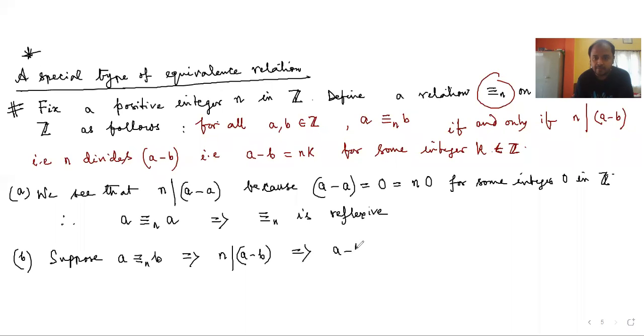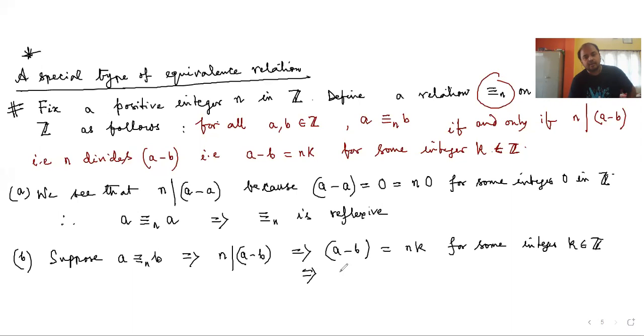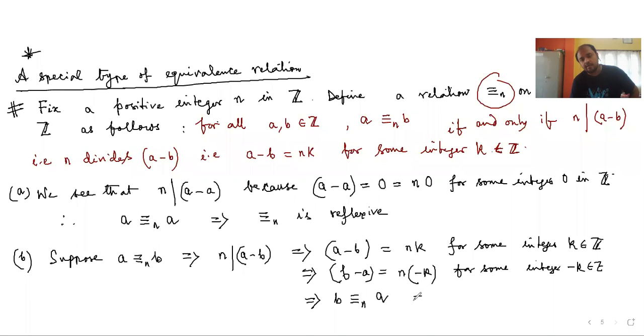This implies a minus b can be written as n times k for some integer k belonging to Z. This implies b minus a can be written as n times minus k, for the integer minus k belonging to Z. And this implies b is related to a, which means the relation is symmetric. I'm going to the next page.